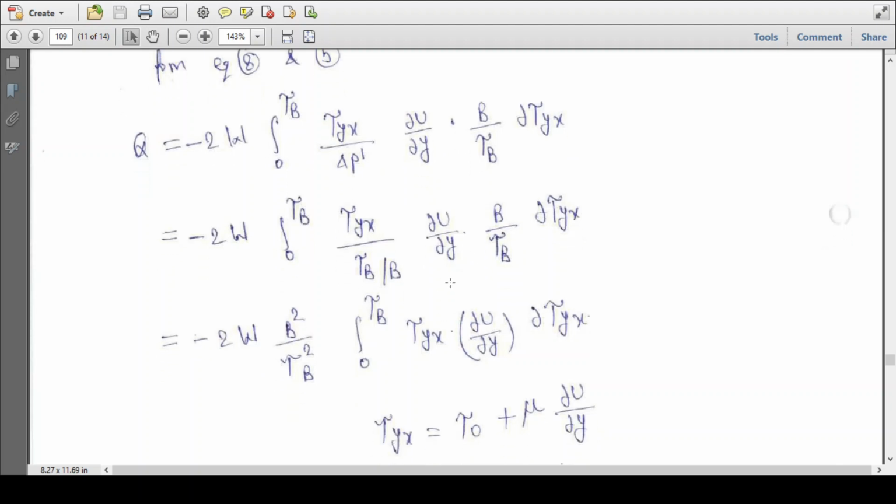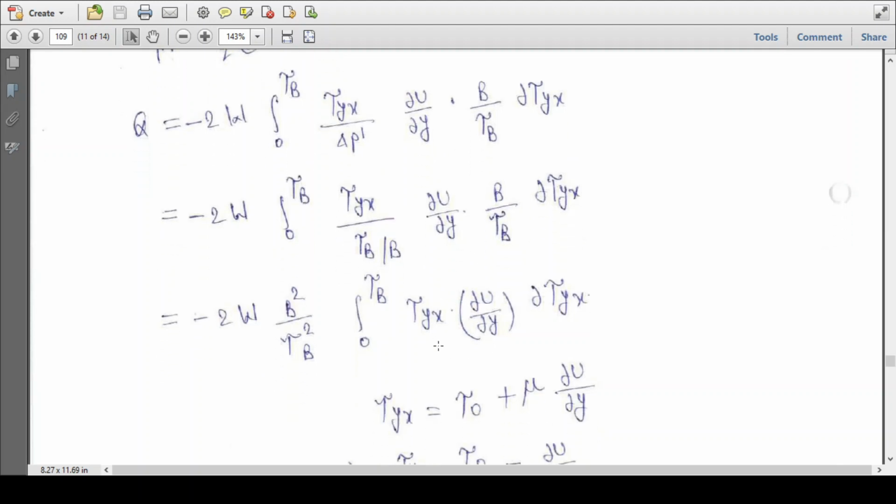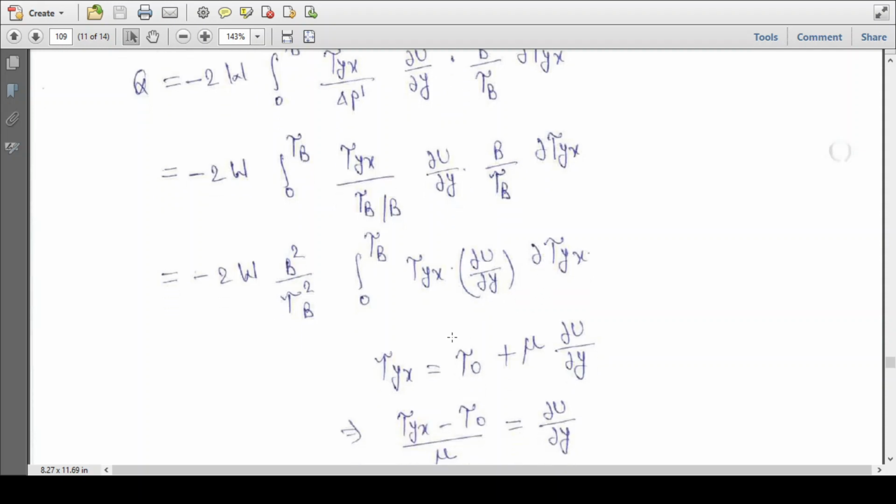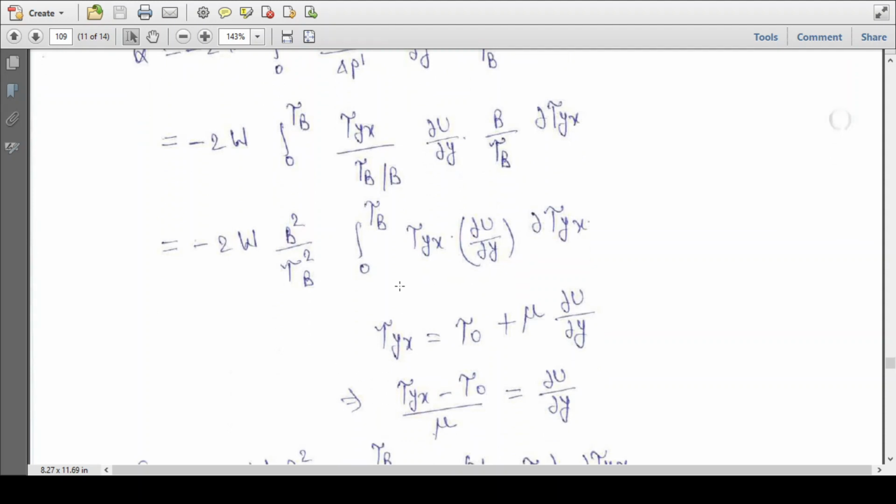Now this again we can arrange here. We have del tau yx, del u upon del y, del tau yx. Now we can use this expression again, that tau yx equal to tau naught plus mu del u upon del y. So from here we will get the expression, tau yx minus tau naught upon mu equal to del u upon del y.